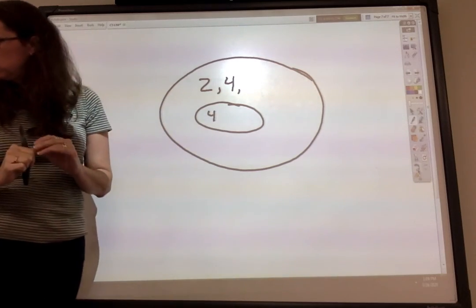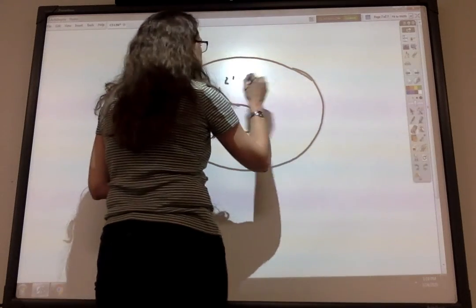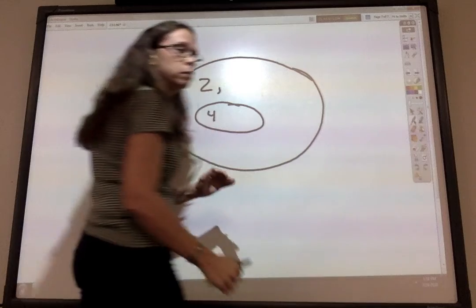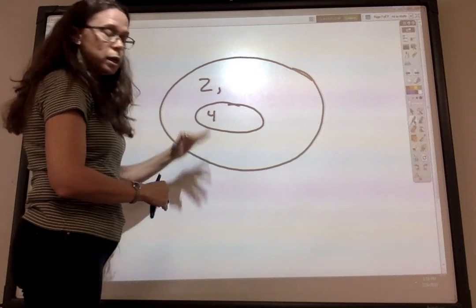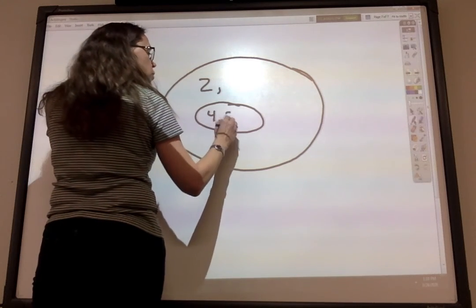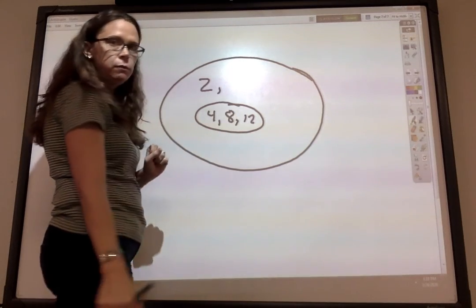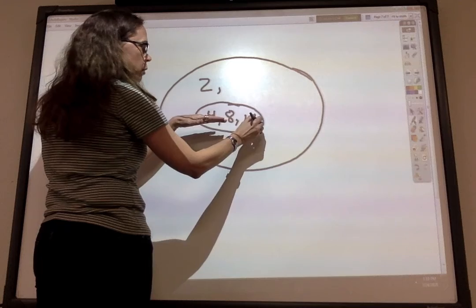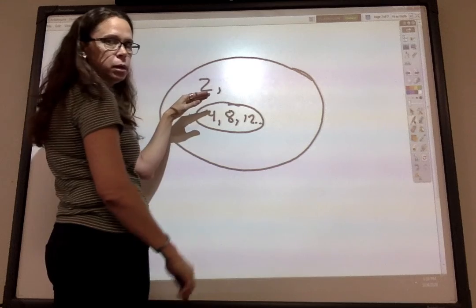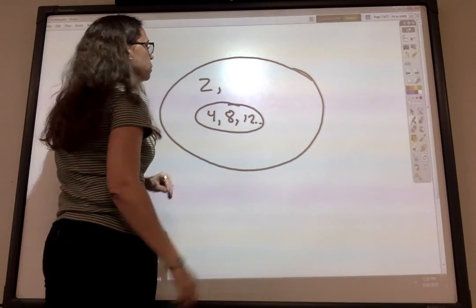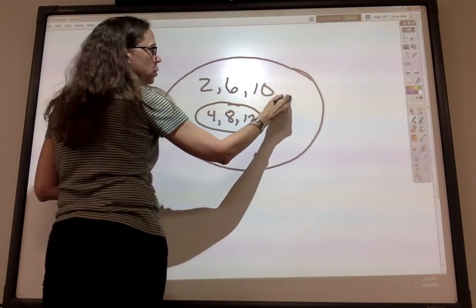I think I'm writing this wrong. The way they want us to show this, so we don't put each number in our diagram more than once, is to go ahead and do 4, 8, 12 in the little circle. And up here in our even numbers, we'll start with the ones that aren't listed. So we have 2; 4 is already here, and 4 is contained in the big circle too if it's in the little circle. So 6, 8, 10, 12, and on and on.